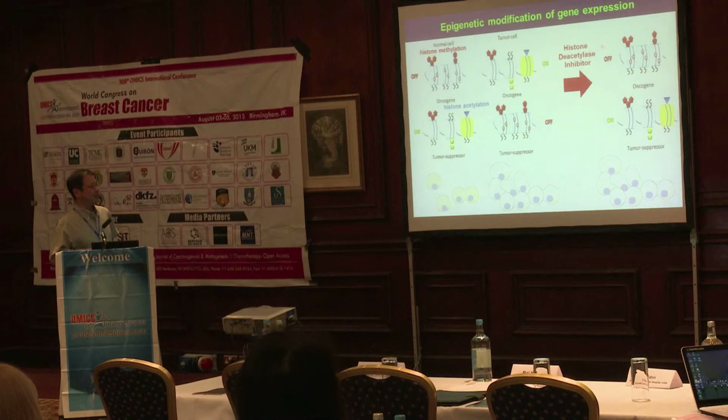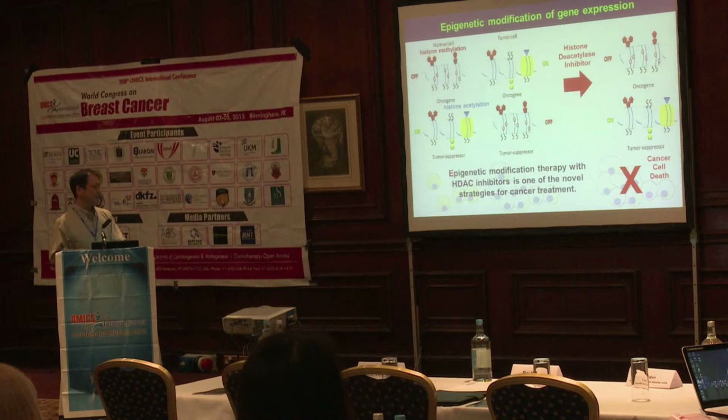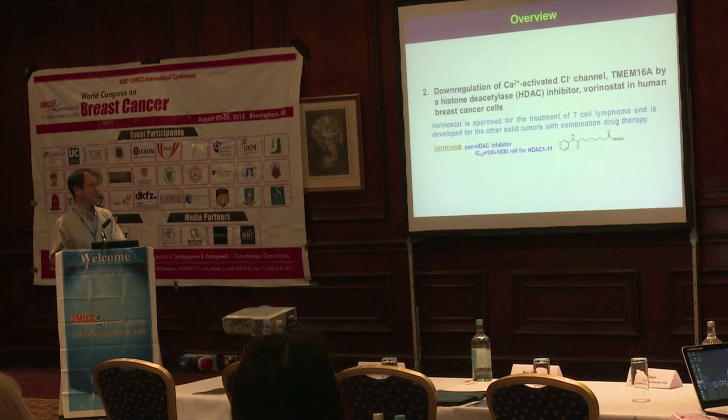Application of a histone deacetylase inhibitor, or HDAC inhibitor, turns off oncogenes and turns on tumor suppressor genes, resulting in cancer cell death. So epigenetic modification therapy with HDAC inhibitors is one of the novel strategies for cancer treatment.